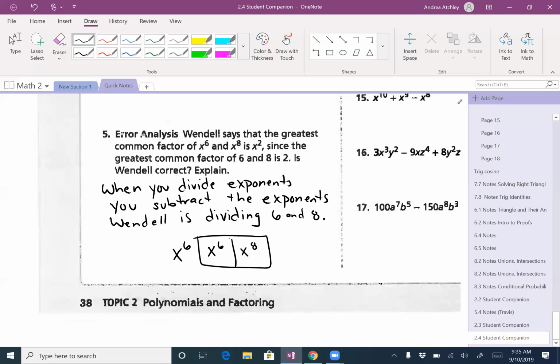Okay, so I subtract this 6 here, and I get x to the 0, which is 1. I subtract the 6 here, and I get x squared. So the GCF should be x to the 6th. Any questions over that? We're all good? Okay, do numbers 15 and 16 right now.